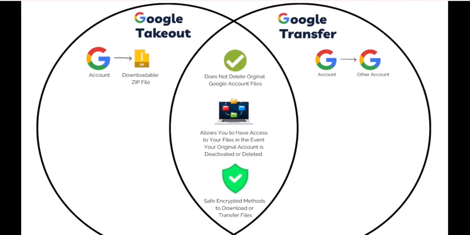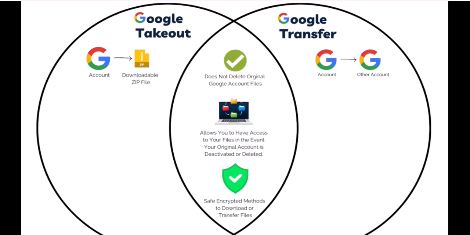So let's look at this Venn diagram and let's dig into the differences and the similarities between Takeout and Transfer. We'll start in the middle with the similarities. When you do Takeout or Transfer, it does not delete original Google account files. So you're not deleting them from your school account. The second thing is it allows you to have access to your files in the event your original account is deactivated or deleted.